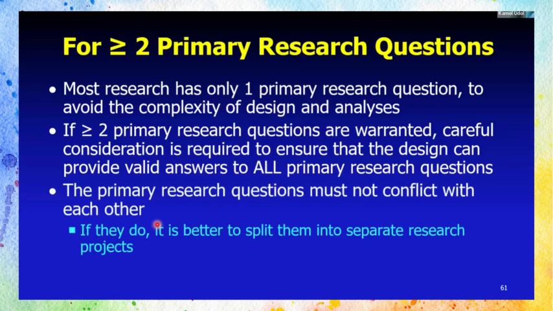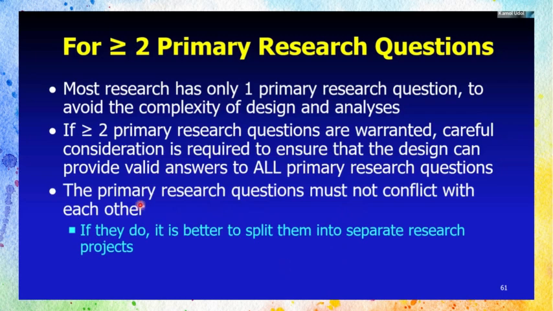And importantly, if you have more than one primary research question, they must not conflict with each other. Because if they do, then you cannot conduct your research. You need to split them into two separate research projects if they conflict with one another.